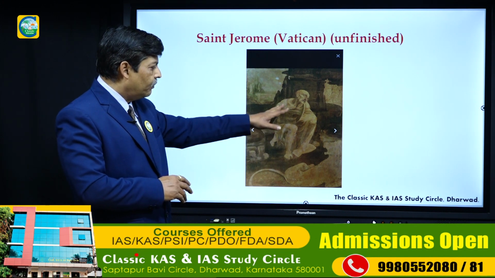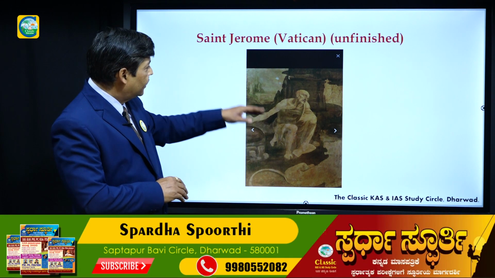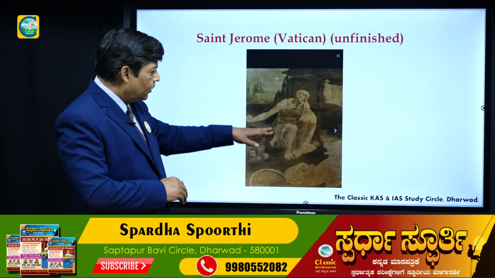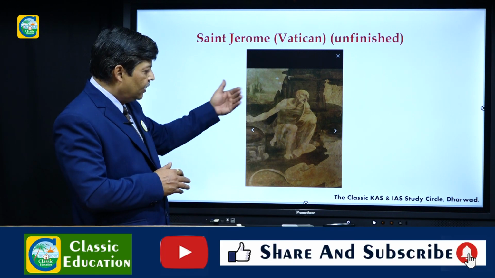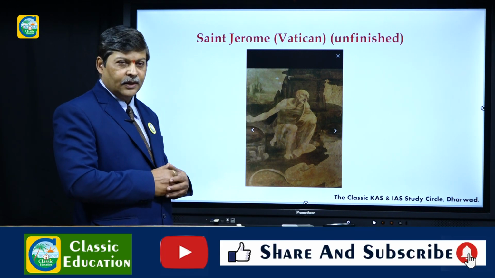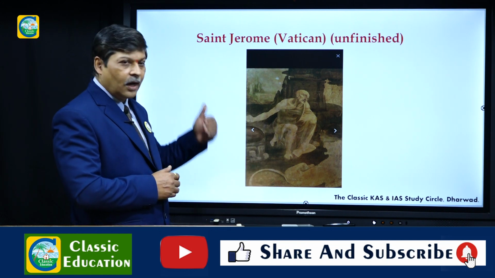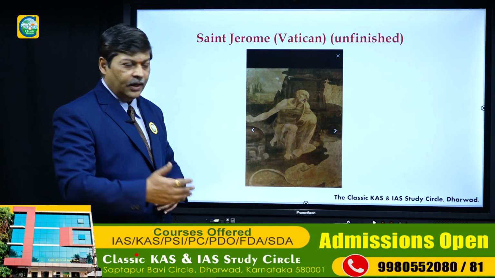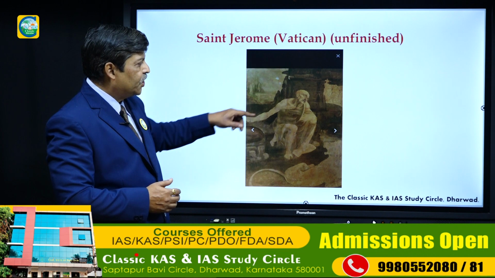You can see the painting still has to be completed. It is said that it was towards the end that Leonardo da Vinci started painting this, but he could not complete it. It is an unfinished painting.